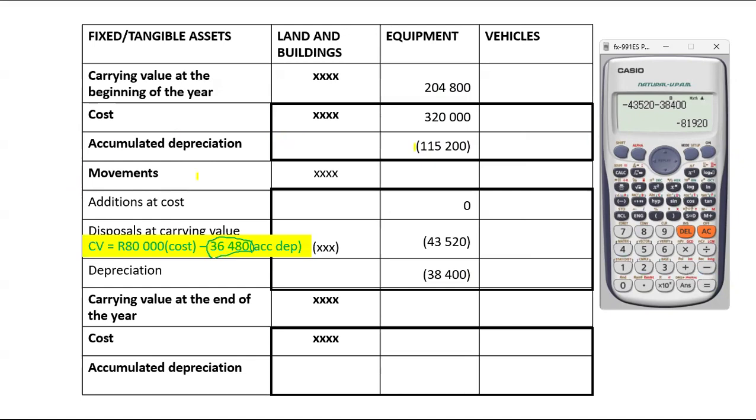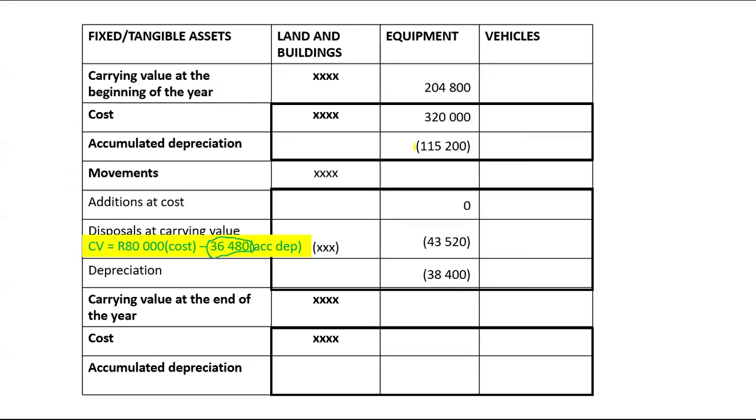So that's how we got the movement, which is 81,920. Cost at the end will change. We're going to have that 320,000 minus the cost of the equipment sold, which was 80,000. There was no equipment purchased, so the cost at the end will be 240,000.